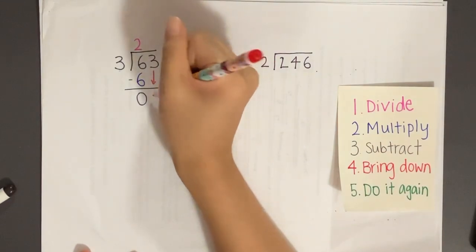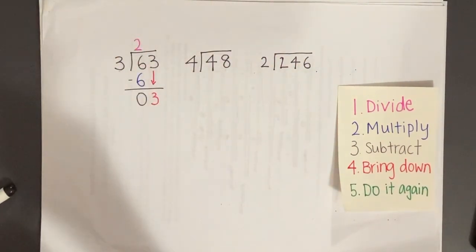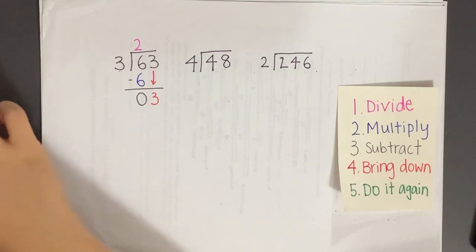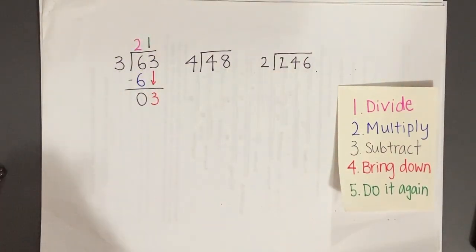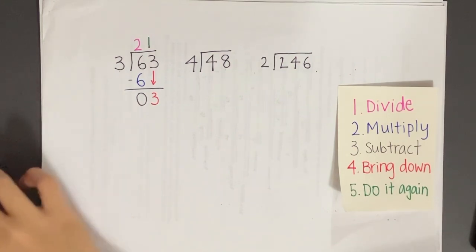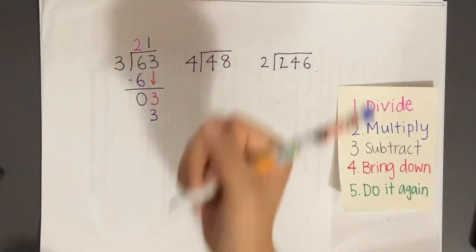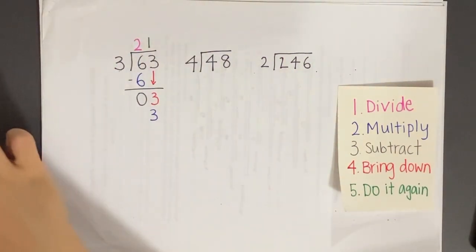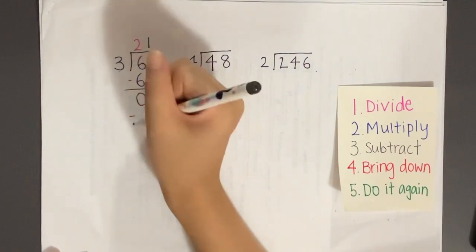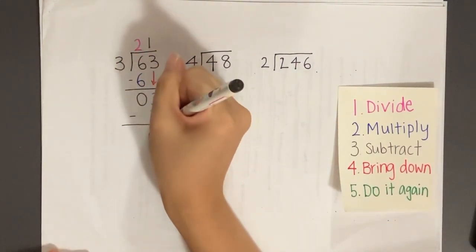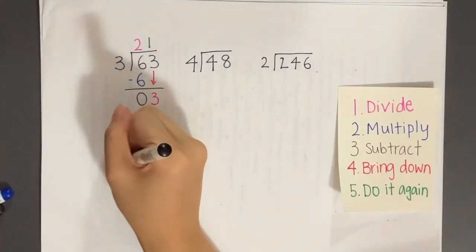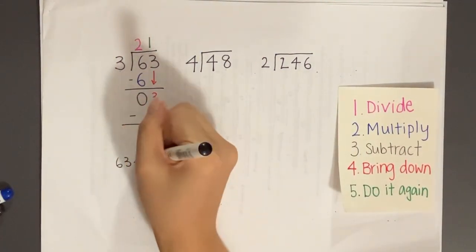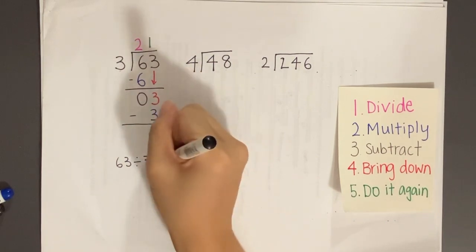So I bring my 3 down. 3 divided by 3, I get 1. I multiply 3 by 1, which gives me 3. I subtract it, and I get 0. Which means 63 divided by 3 is 21.